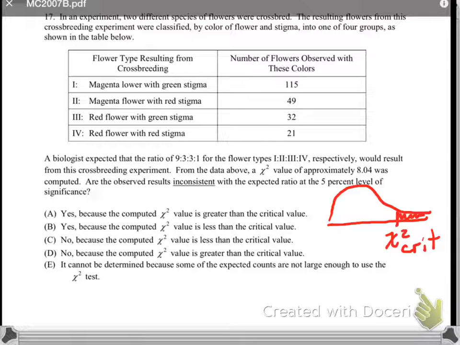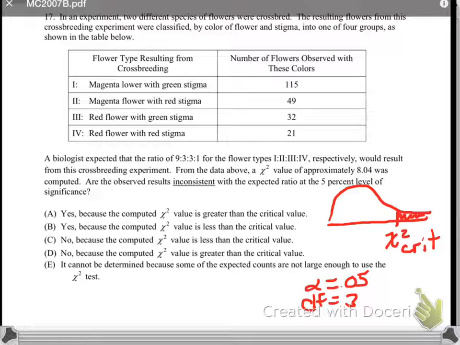You know how I found that? I went onto my chart, where alpha is equal to 0.05. And what's my degrees of freedom here? Do you notice that I have a goodness of fit? So degrees of freedom are categories minus 1, which is 3. So they have 4 categories.